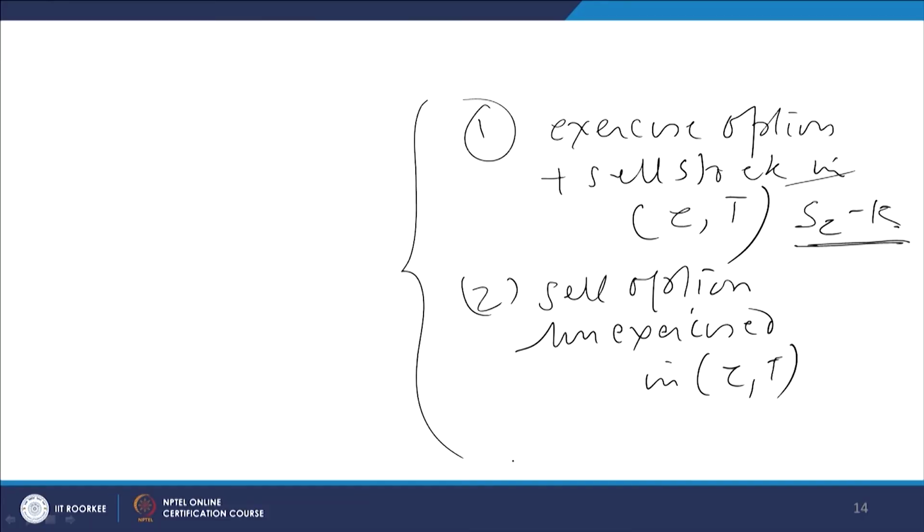Therefore, even in this situation, you would be getting a better price if you sell the option unexercised rather than exercise the option, get the stock and then sell the stock. So, whatever the situation is, you end up with a superior position by delaying the exercise of the option up to maturity of the option. Thank you.